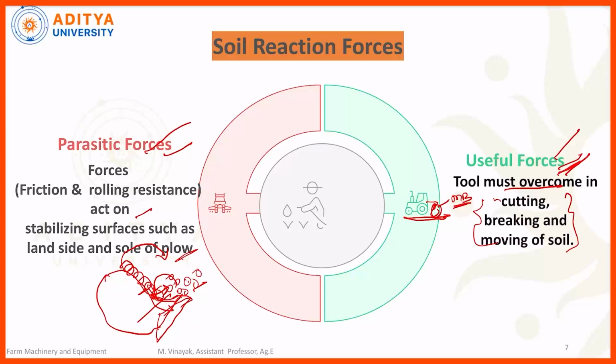Most of the time, these parasitic forces are important in rotary tillage implements. Here most of the rotational force acts on the soil surface. So, regarding rotary tillage, the parasitic force is very important.